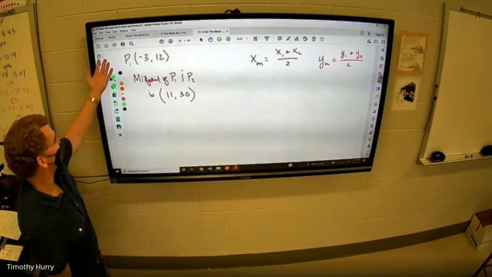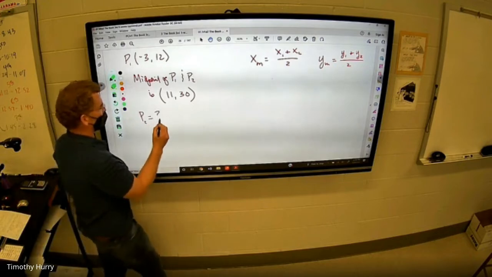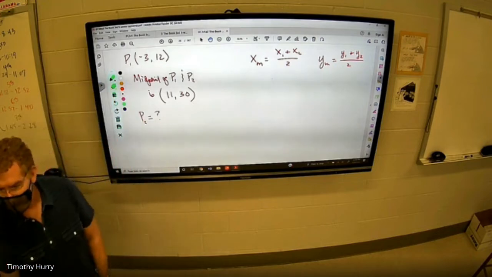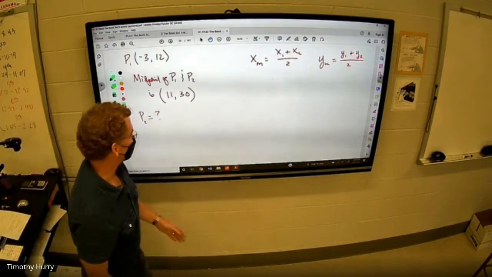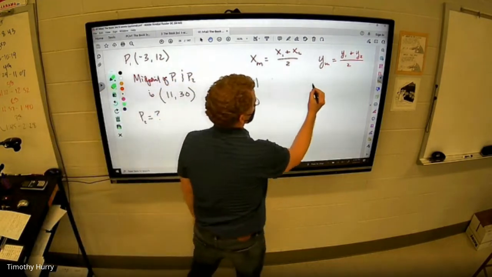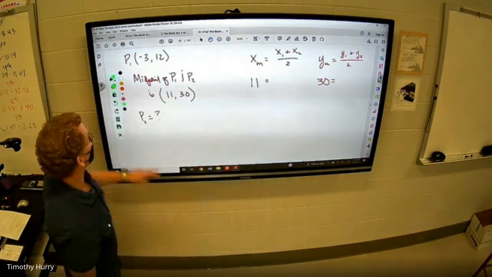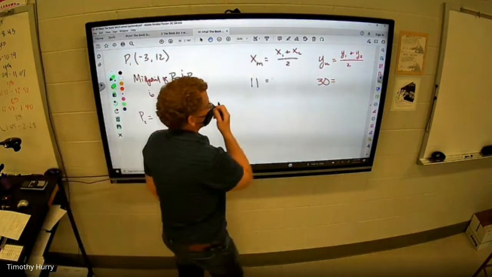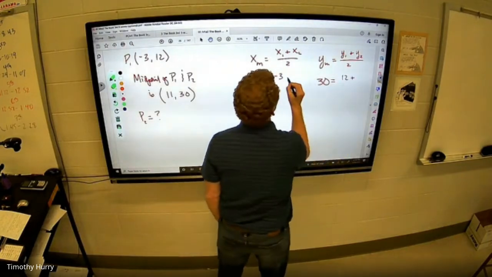So if I have a point and the midpoint, and I ask what is point 2, what is that other point? If you wanted, you could still just use your formula. The only difference is this time I know the midpoint and one point. I know right now somebody's brain is going, man, there's an easier way to do this. I would agree.